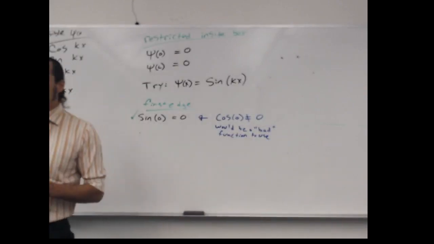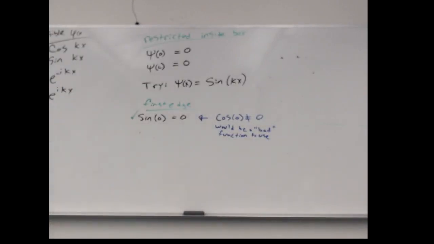If we tried to use cosine, we would have run into trouble right there, because the first boundary is not equal to 0. We'd have to do some phasing of cosine to essentially turn it into sine. So it's just easier to do sine, right?